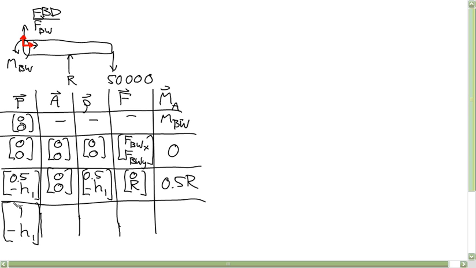Anyways, forget that. So 0, 0 is the about point. Rho is 1, negative H1. And this force is 0, negative 50,000. And is it too much to hope for that we're going to get lucky again and that H1 is going to disappear again? No, it's going to again.